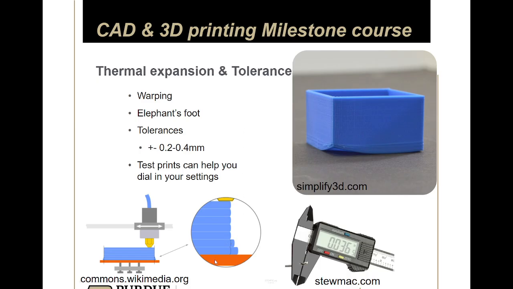But if you added a chamfer on the bottom surface, there's going to be a little bit of free material in the model. And if you print it and it elephant's foots a little bit, the extra squished material won't extend past that vertical wall, if that makes sense.